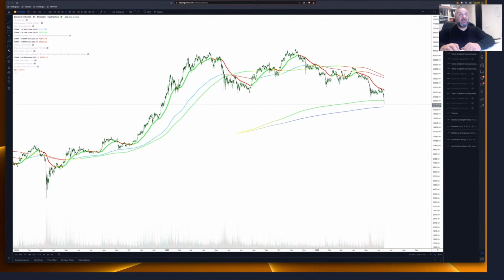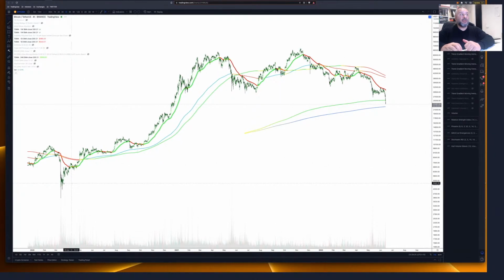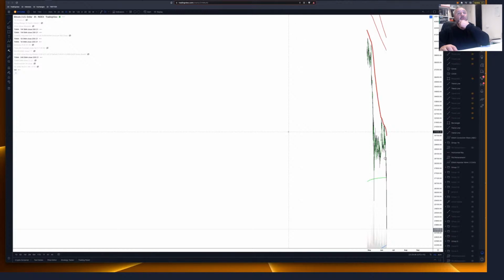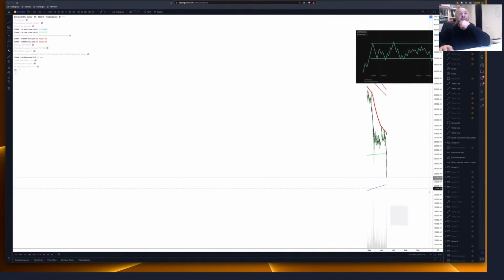You need history for that to work. So let's look at the other chart, the index one. Let's see, where's the index? USD. Hopefully, I don't know where they gathered this information from.